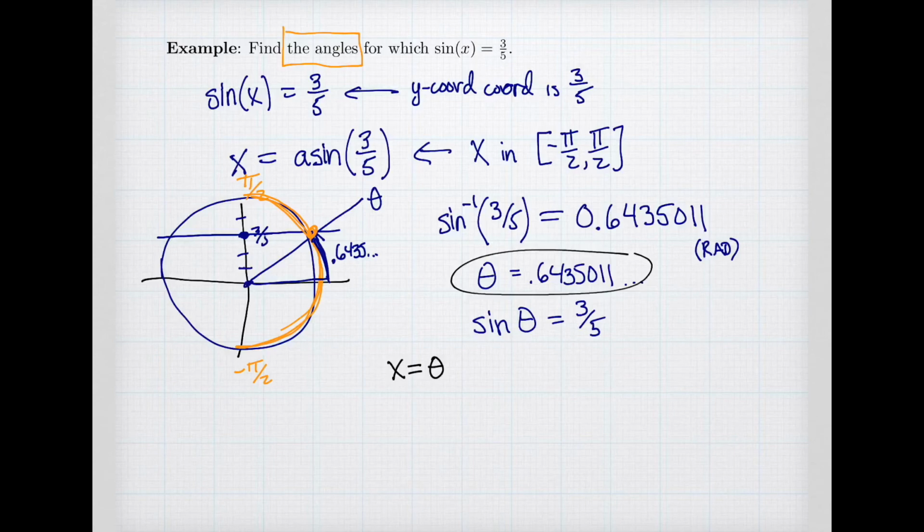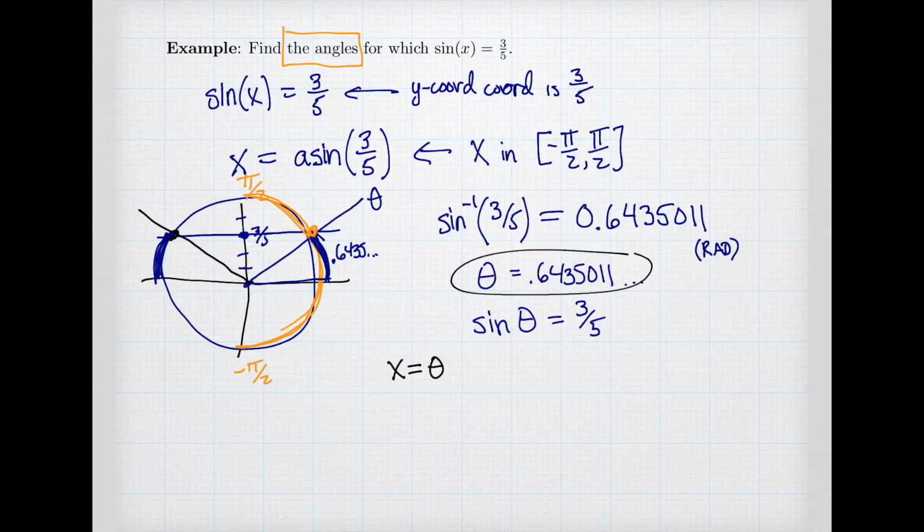Well, notice there's another solution on the other side. How can I find that angle? You need to think about symmetry. If it took 0.6435 coming up from the axis, then it's going to be the same amount coming up from the other axis, and I need to think about what that angle is.